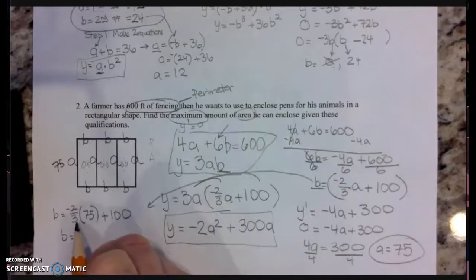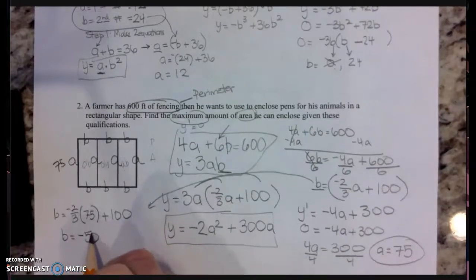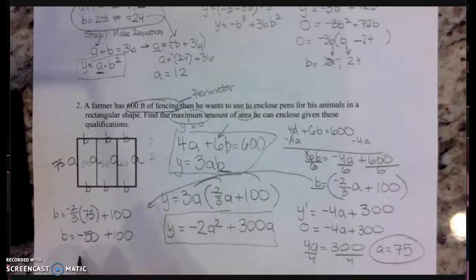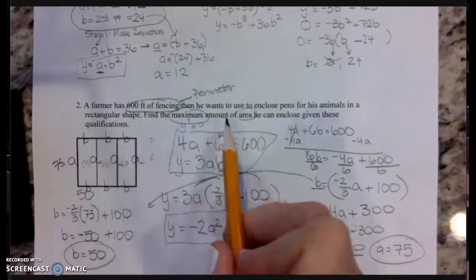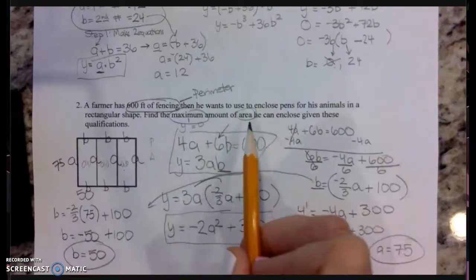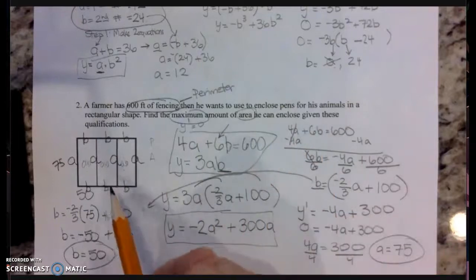So 75 divided by 3 is 25 times -2 is -50. And again, you could do that in your calculator. B is 50. So find the maximum area he can enclose given these qualifications.